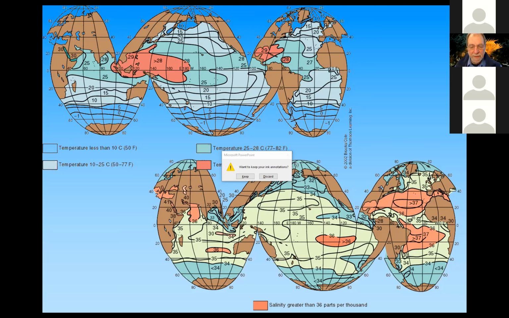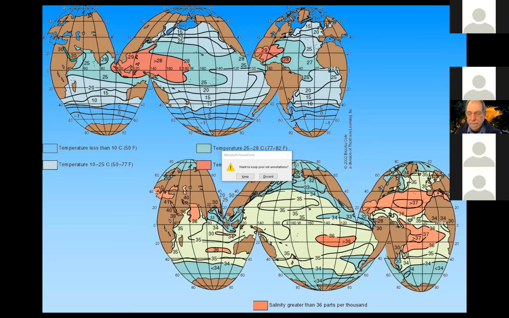Okay. How is that different from question 2? What would the approximate density of the water be?